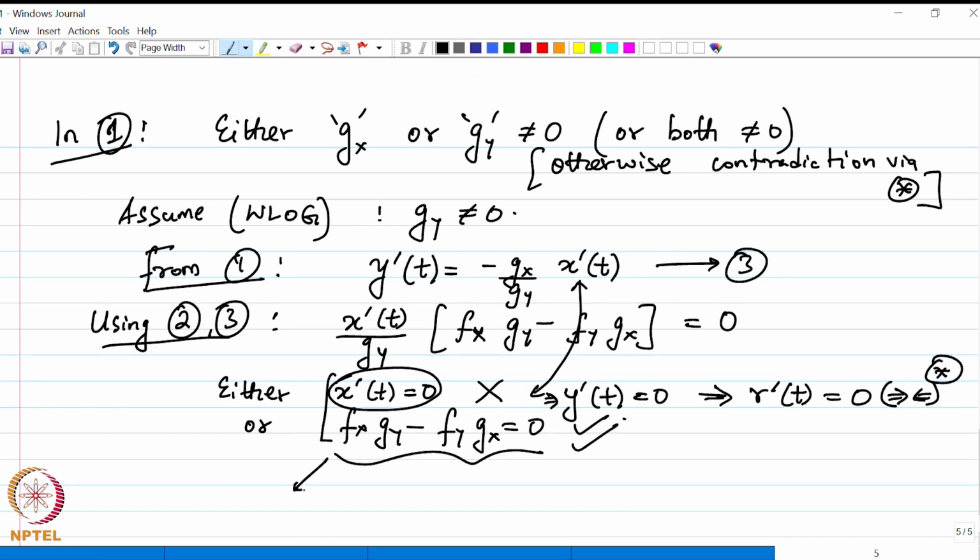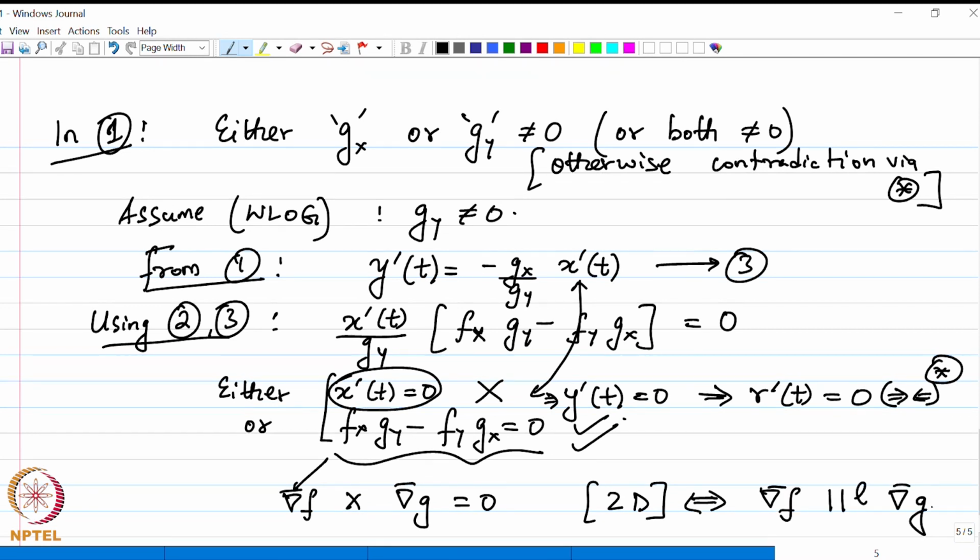This condition is nothing but grad f cross product with grad g is equal to 0, right. So, we are talking in 2D. So, this is the grad of f cross product with grad g is 0, or in other words, it is equivalent to saying that grad f is parallel to grad g.